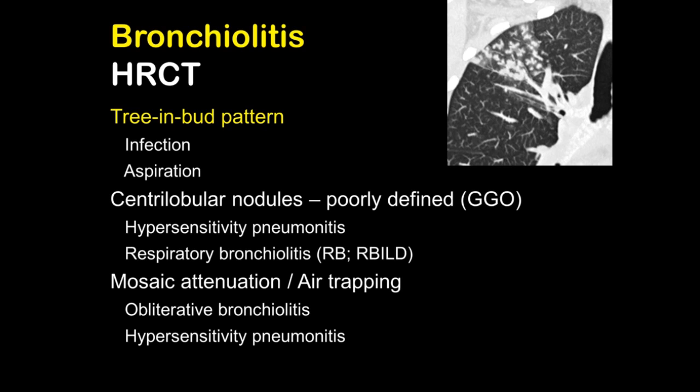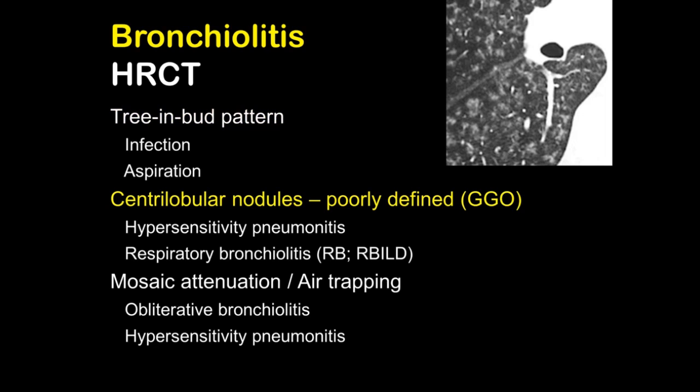As a conclusion, high-resolution CT can be very useful in patients with bronchiolitis or small airway disease. When we find a tree-in-bud pattern, as we see in this CT in the right upper lobe, we need to think of two entities: infection and aspiration.